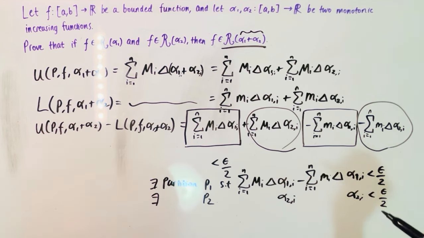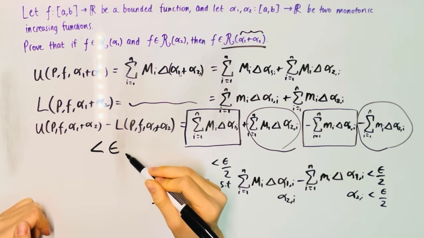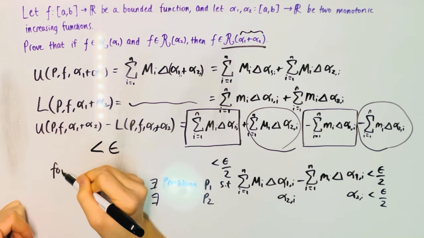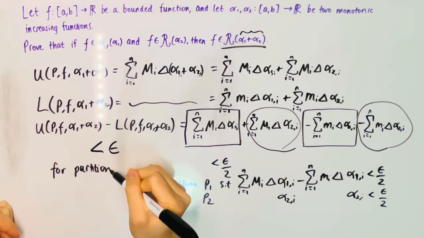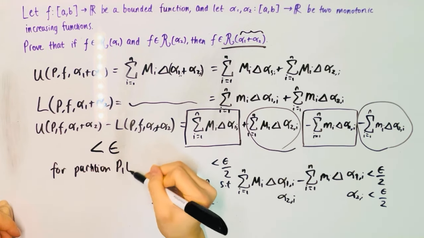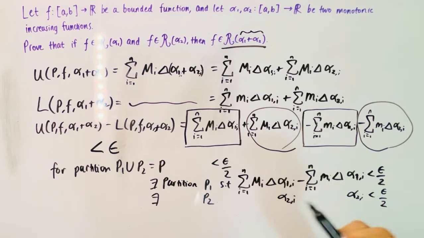Okay, and from this fact, we can see that this will actually be less than epsilon for, and this is really important, the refinement partition P1 union P2 equals P. Why is that?